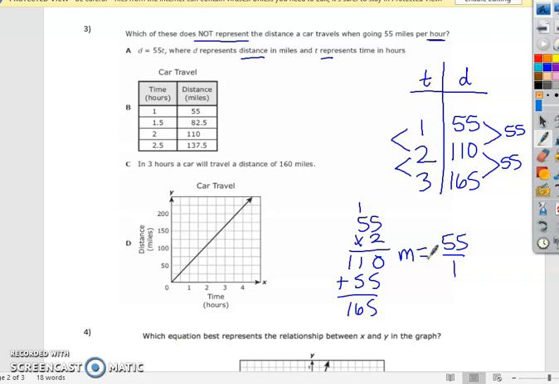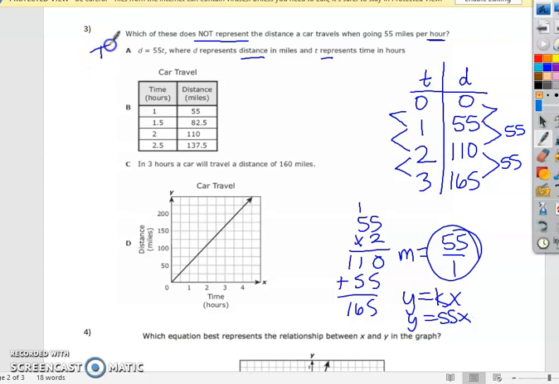Okay? So, and if I take it back, 3, 2, 1, 0. Each of these subtracting by 55 is 0. Remember, that's Y equals KX. This is proportional, so it's going to be Y equals 55, or 55 over 1, X. So this looks like a good answer.